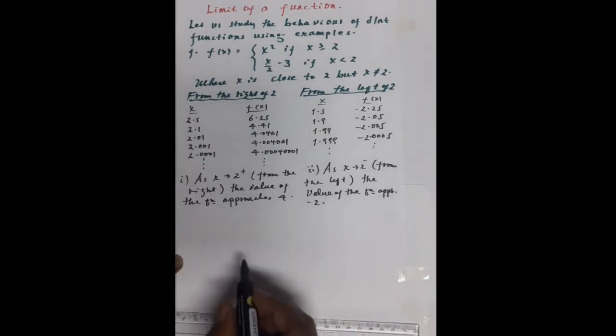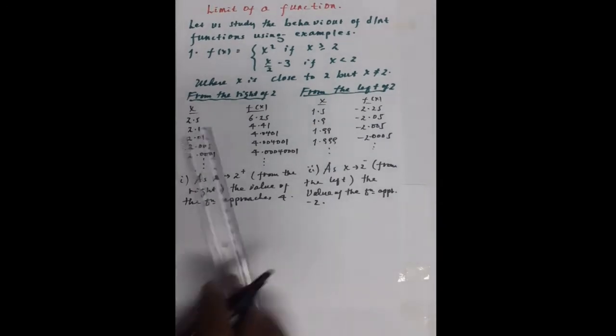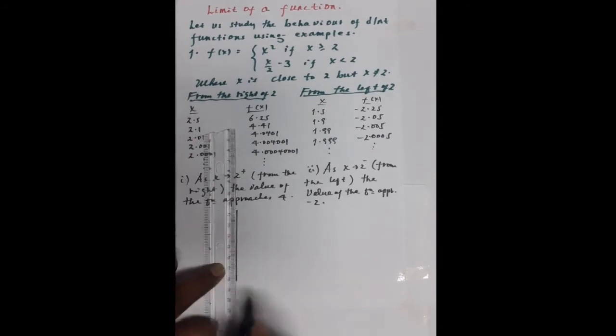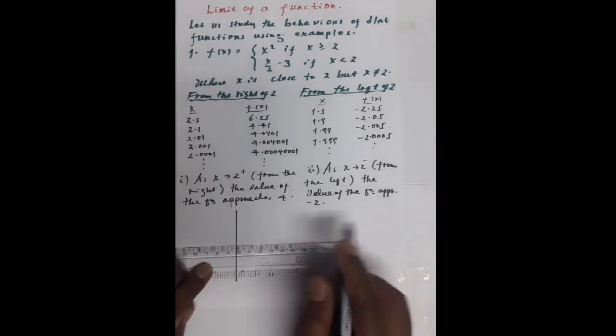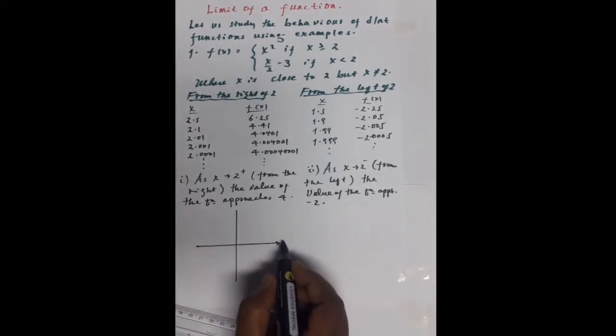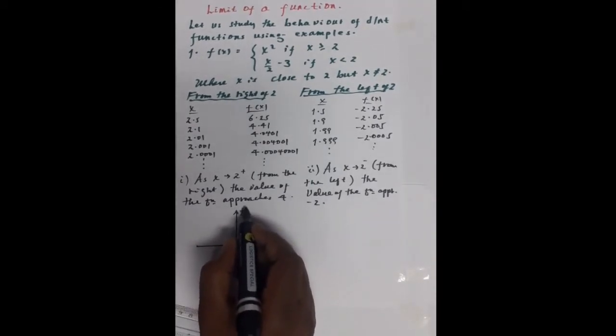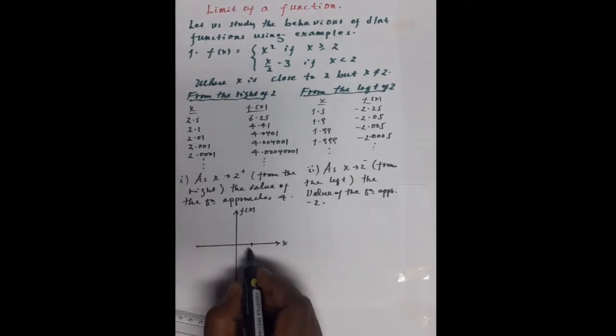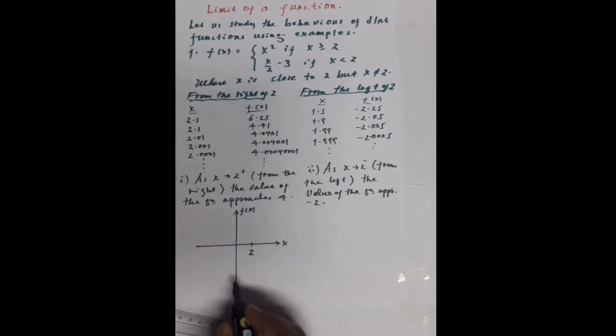So we can plot the function. This is our x, f of x, and 2 is our limit point.